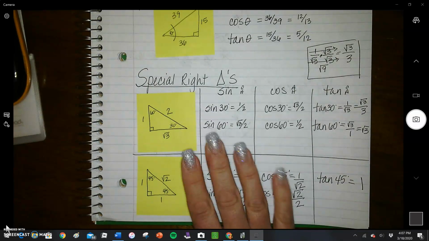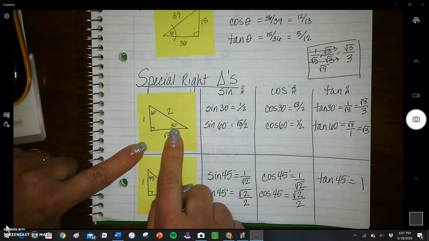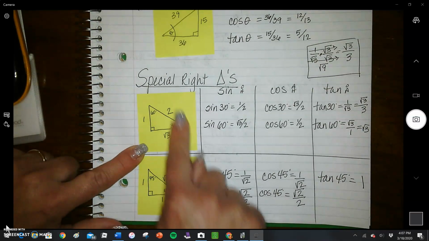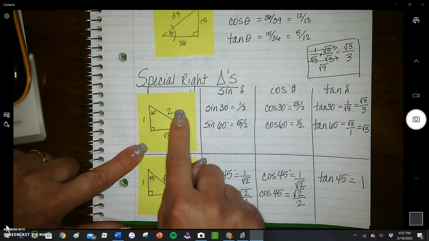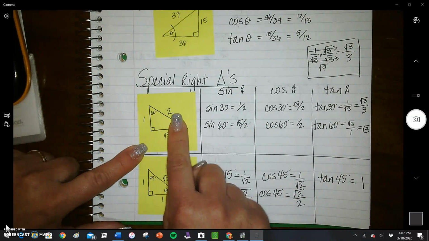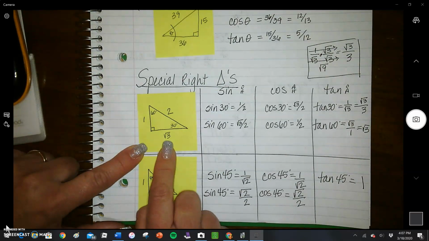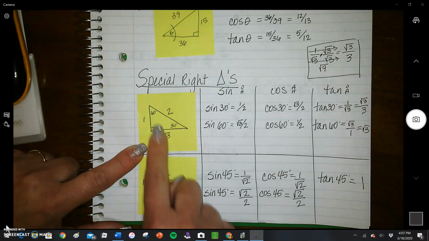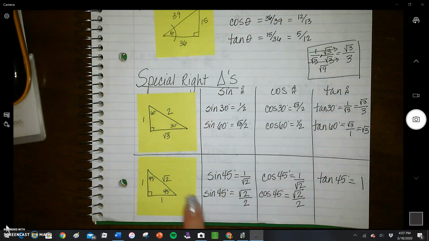And so what I did, I just created a nice little chart and went through and found the sine of 30 degrees based on the relationships of the 30, 60, 90 triangle. If you do the sine of 30, you do opposite over hypotenuse, so it's just 1/2. The sine of 60 degrees would be opposite over hypotenuse again, and so it would be √3 over 2.